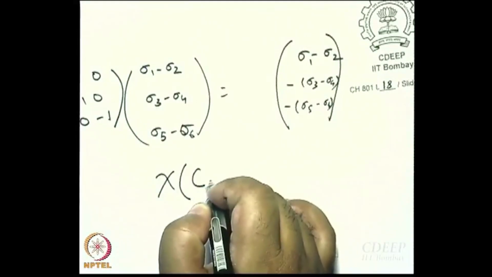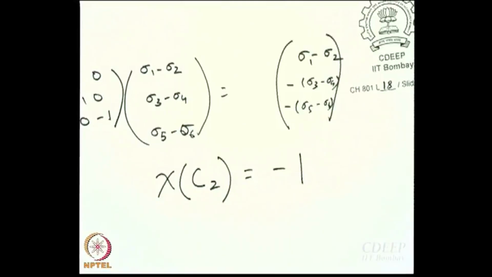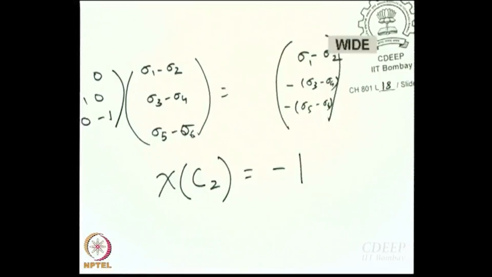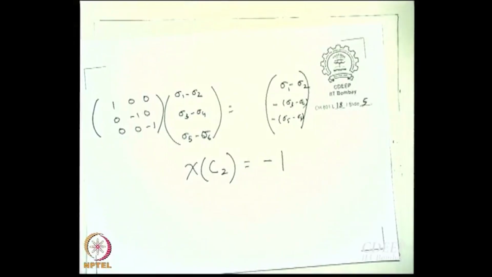This is what chi C2 is, minus 1, right? Now see. This is what I have written. All right. The character is minus 1.